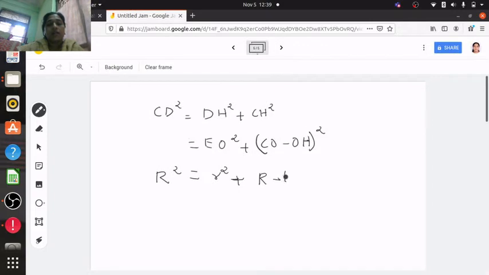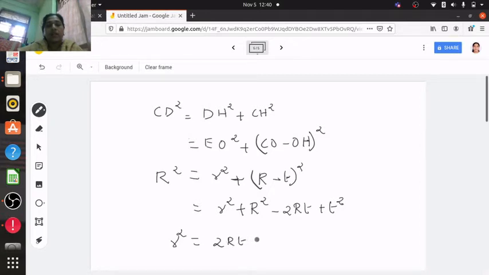Therefore R minus T, the whole square. This is equal to R square equals r square plus R square minus 2RT plus T square. Capital R square is on both sides, so we write small r square as 2RT minus T square.